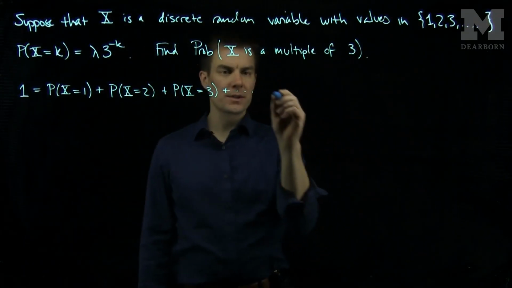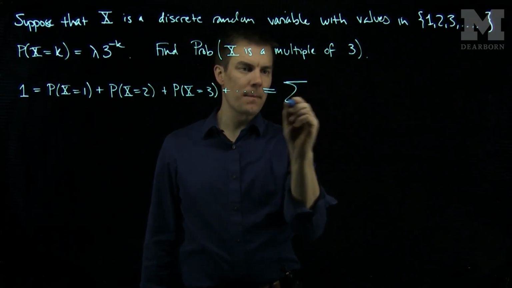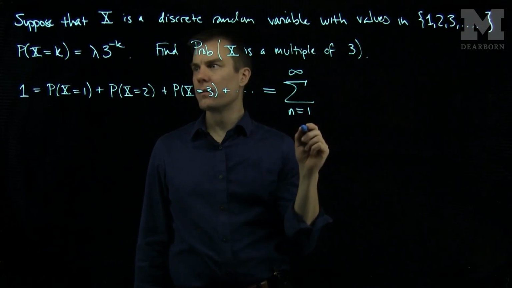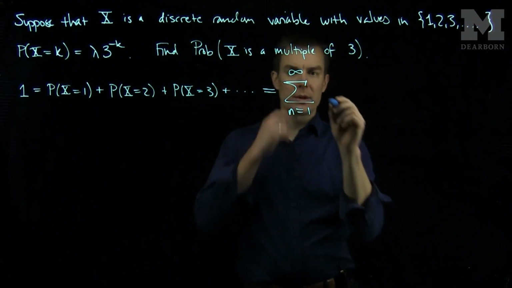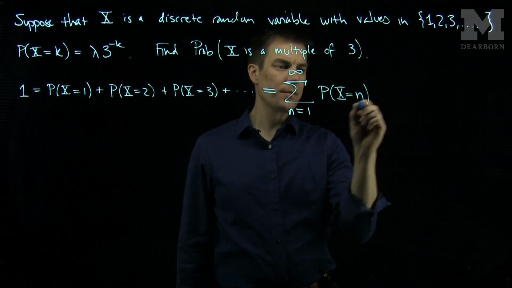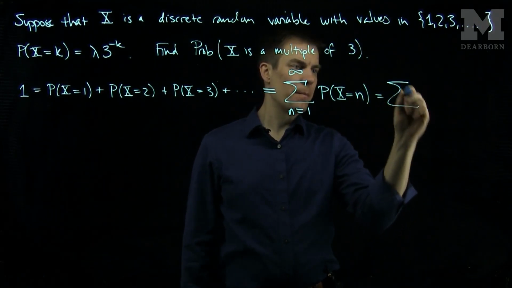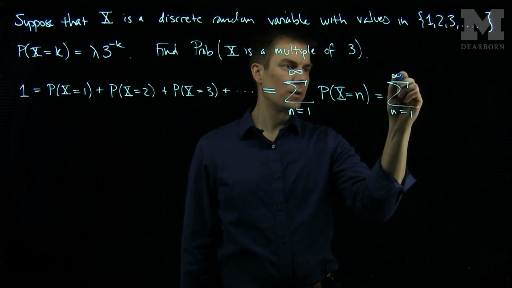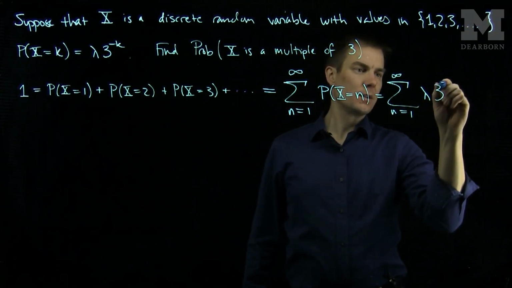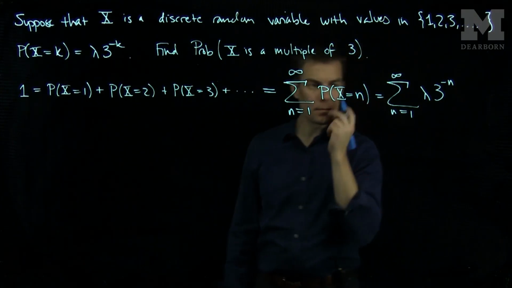And so this is an infinite series. It's simply the sum, n goes from 1 to infinity, of the probability that x is equal to n, which we know is the sum, n goes from 1 to infinity, of lambda times 3 to the negative n.